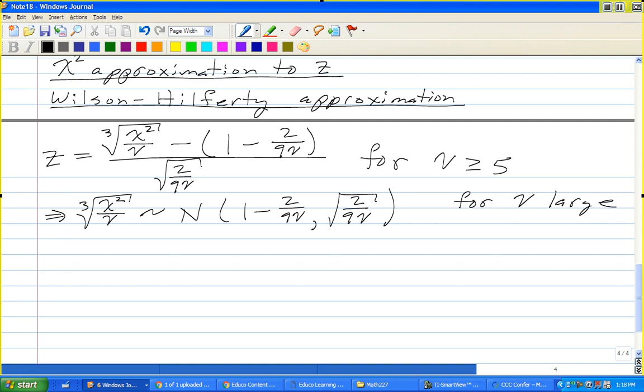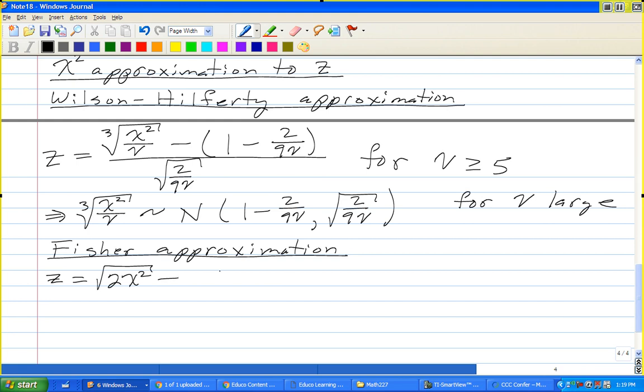We also have the Fisher approximation, which says that z is equal to radical 2 chi squared minus radical 2 nu minus 1, and this is true for degrees of freedom greater than or equal to 200.